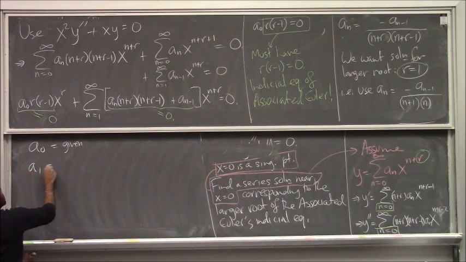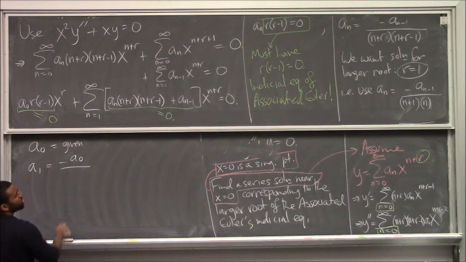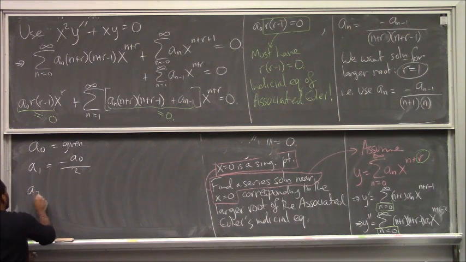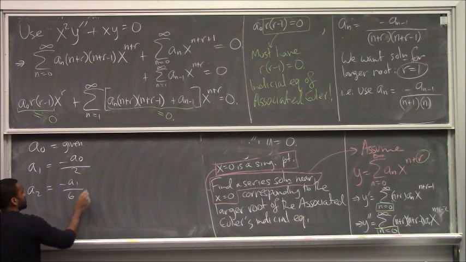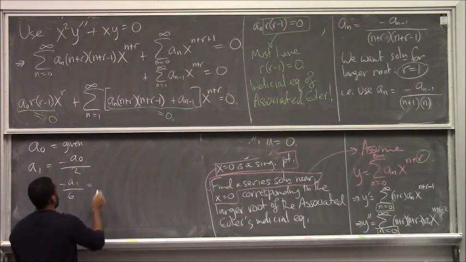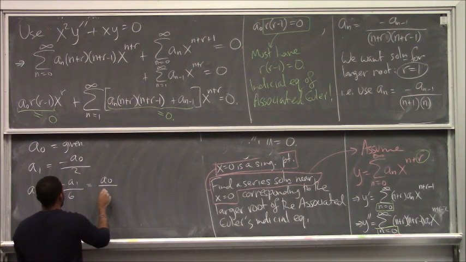So A1 is going to be, well, A0 over 2. A2 is going to be minus A1 over 6, which is going to be positive A0 over 12.